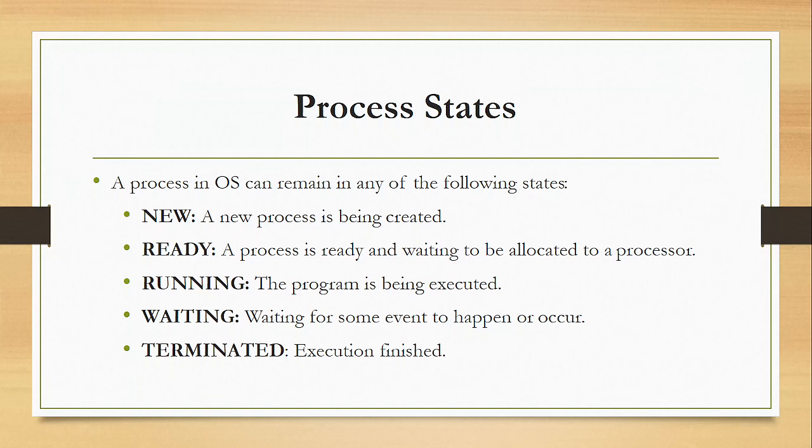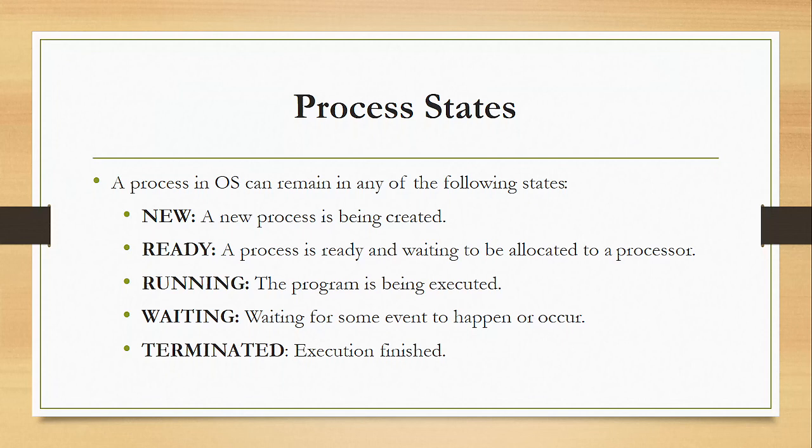Then we have the active process, which has the running state. This is the process that is being executed. And then we have the processes that are in a waiting state. They could be waiting for a particular resource to be free, or for some operation to happen so that they can proceed.